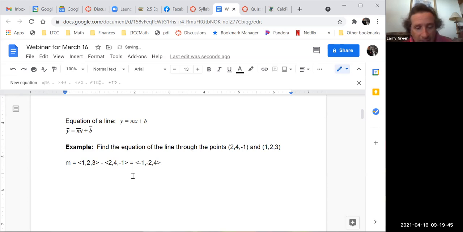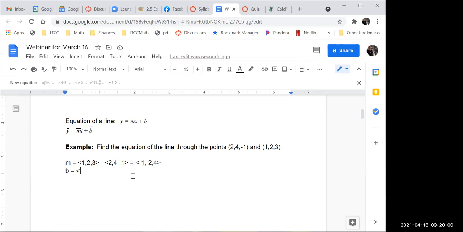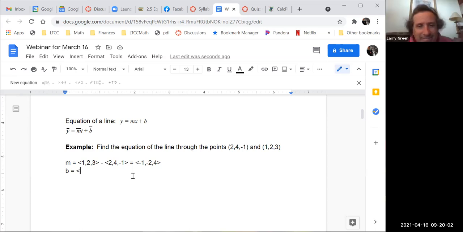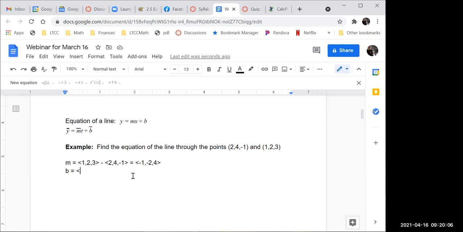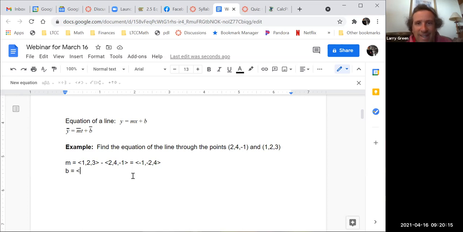Okay, now let's do our b. That's easier. Who remembers how to do b in 2 dimensions? It's no different in 3 dimensions. The y-intercept? Yeah, but you're thinking in kind of a non-vector way. It's much easier than that. Not the second point.